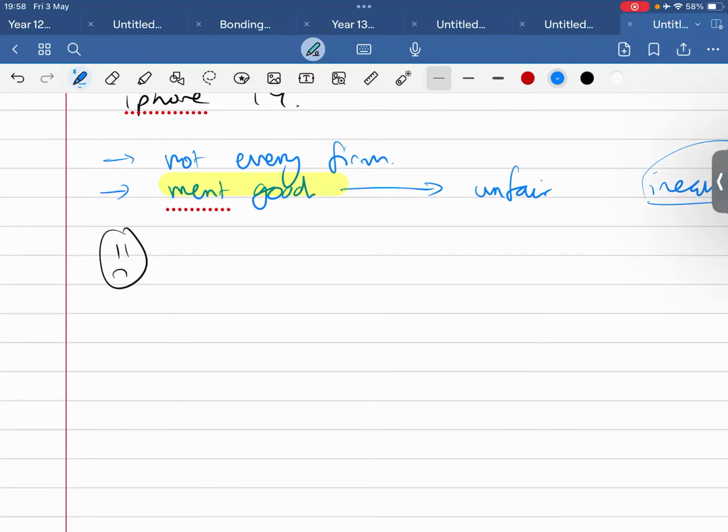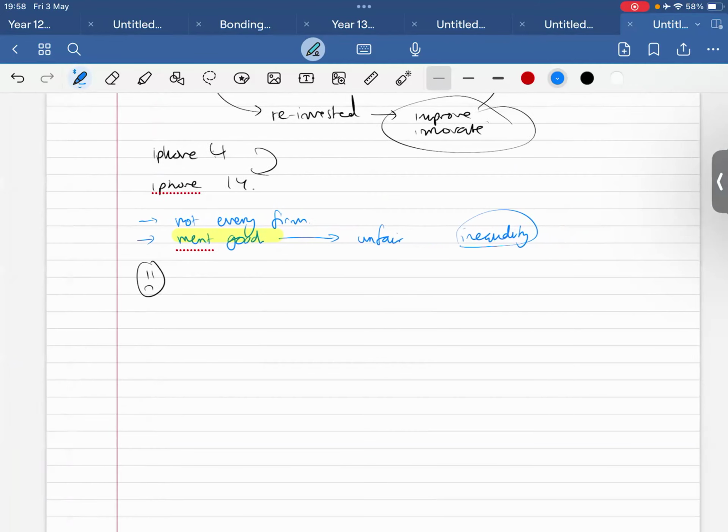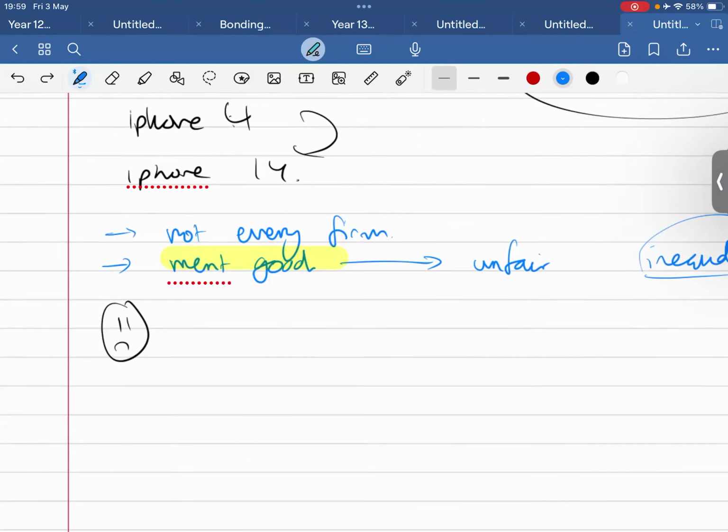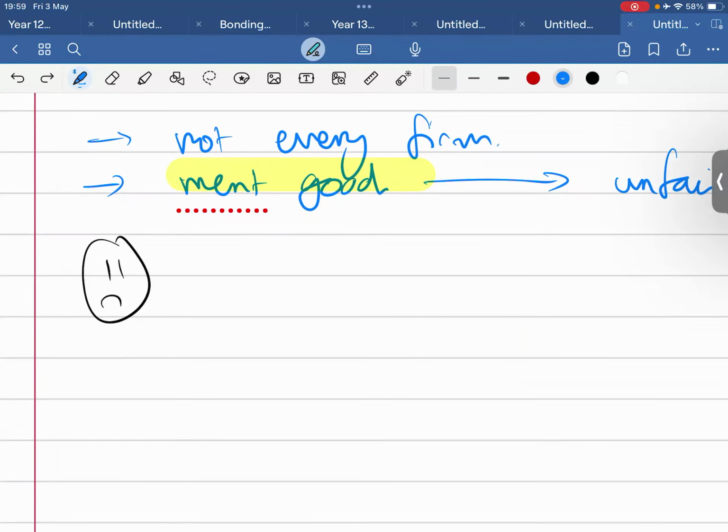We're talking about the negatives of a monopoly now. And again, I would reference the diagram. So if you need to, just say figure one or just say the diagram from above because we're going to need it again in the paragraph. One of the downsides, which I've already been talking about, is the lack of allocative efficiency.